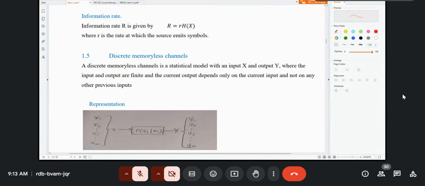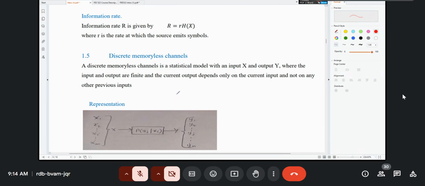So a discrete memory channel is a statistical model with an input X and output Y, where input and output are finite and the current output depends only on the current input and not any of the previous inputs. Actually, when I divided the whole, I think I defined this.